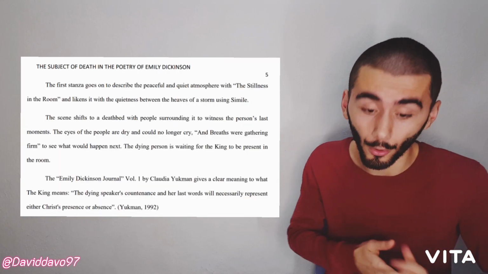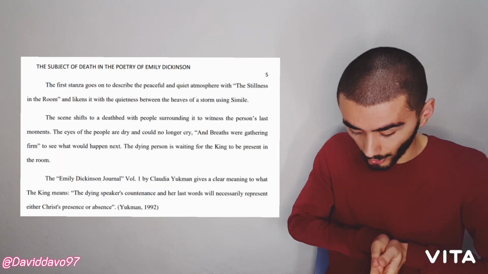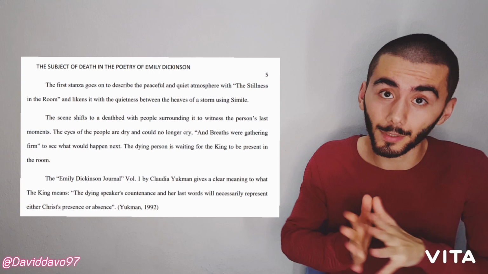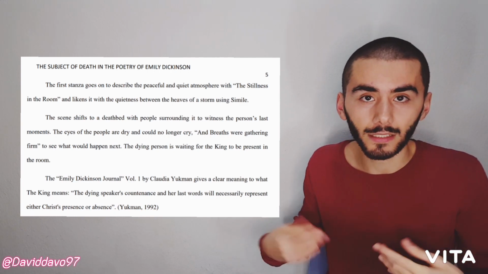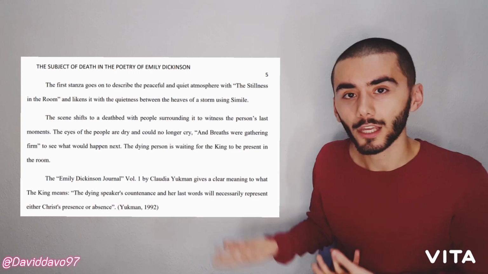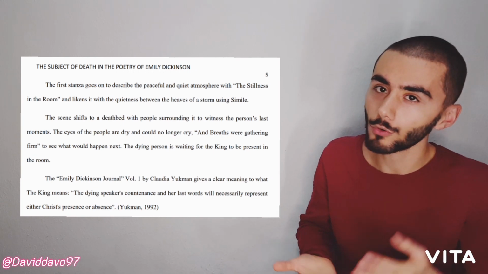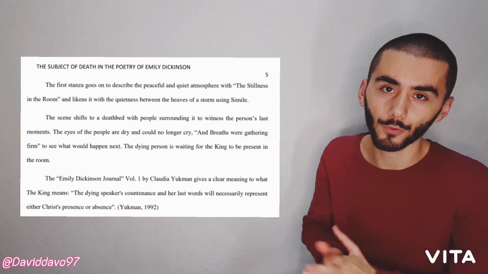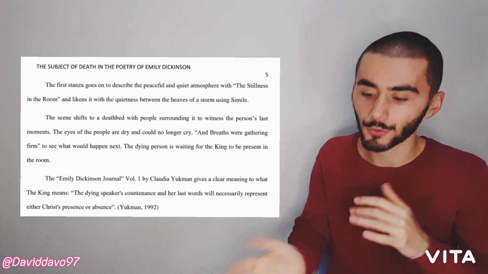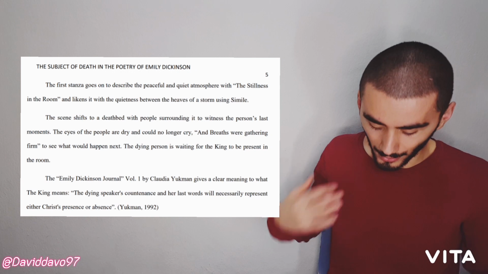Now, between two brackets, I stated the surname or the last name of the author, which here is Yokman. Her name is obviously Claudia Yokman, but you're going to use the last name. And then the year of publication, which is 1992. But if the page is available, you can write it or not. That depends on the supervisor, because it's up to the supervisor or professor to tell you, you can add this or you can remove that.